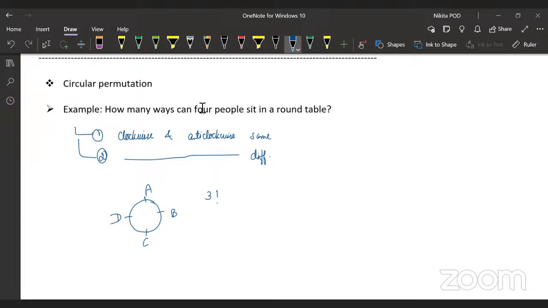Right? So how did you get 3 factorial? Can someone tell me? Because we cannot consider clockwise and anti-clockwise in this, so it is the same. So n minus 1.